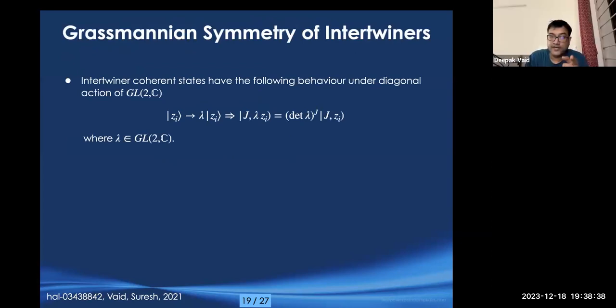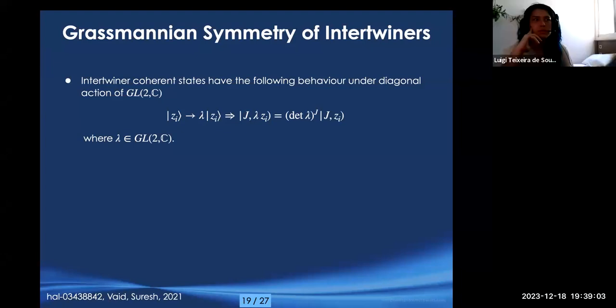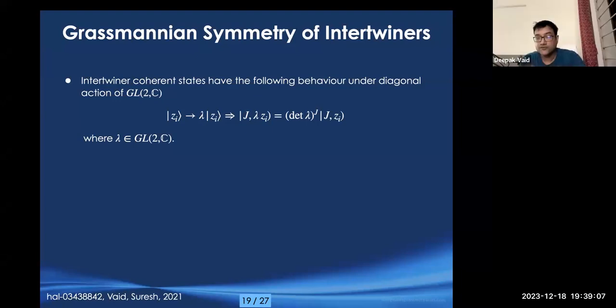So now you can take any of these spinors and multiply it by an SL2C matrix, lambda. If you do that, how does your coherent state transform?